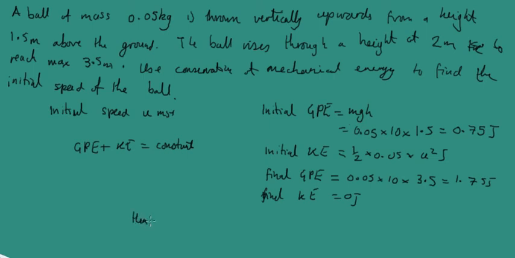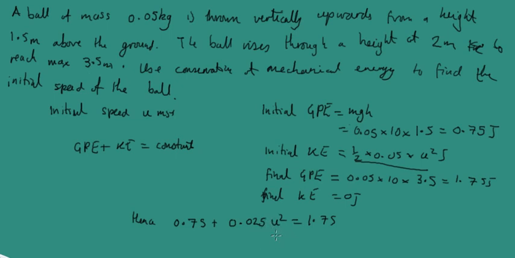Hence 0.75 plus half of 0.05, which is 0.025, u squared is going to equal 1.75.